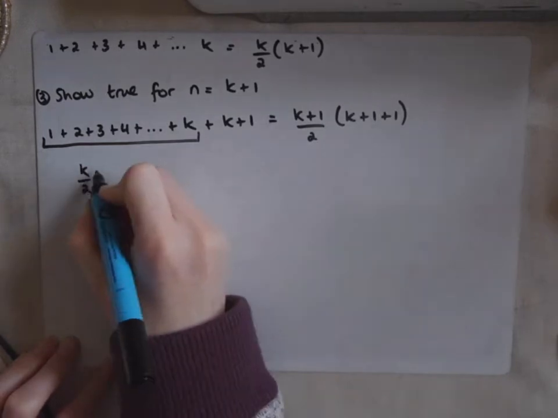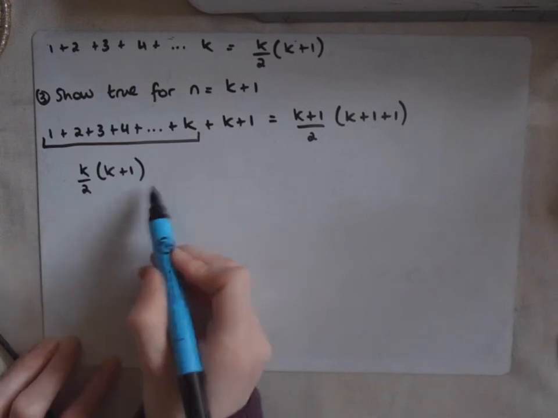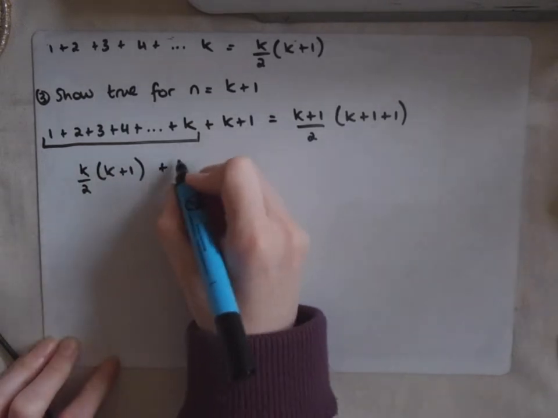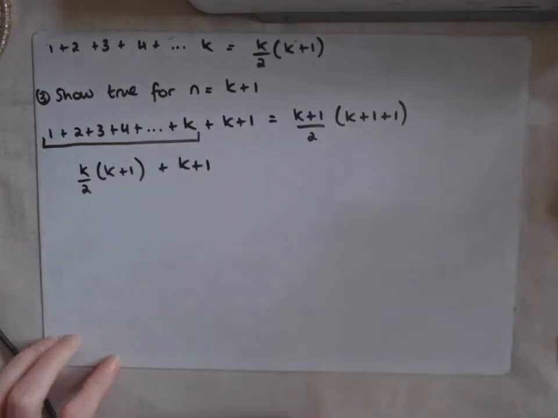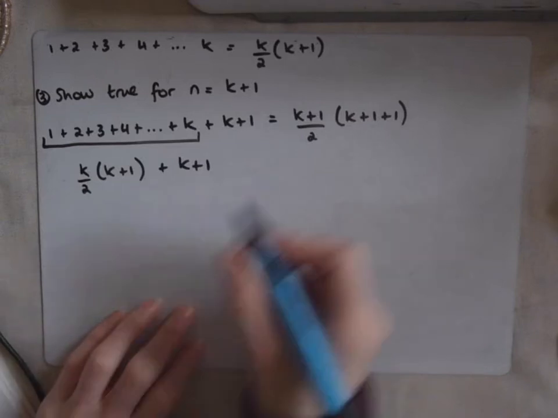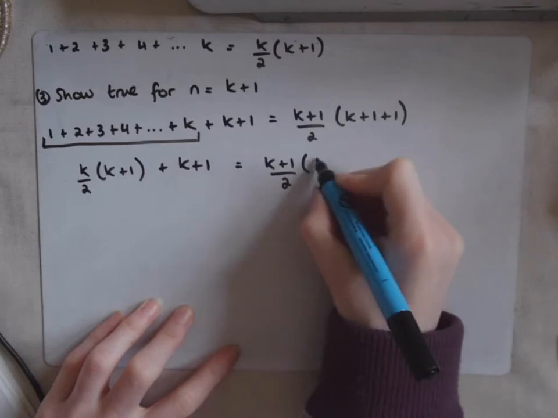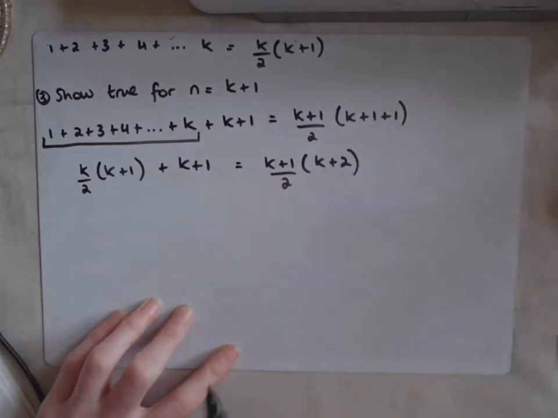K over 2, k plus 1. So that underlined part becomes this. And I still have a k plus 1 left. Okay? And over here, I have k plus 1 over 2, and I have k plus 2.